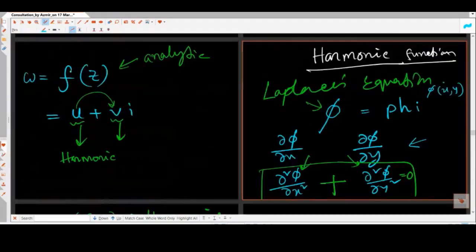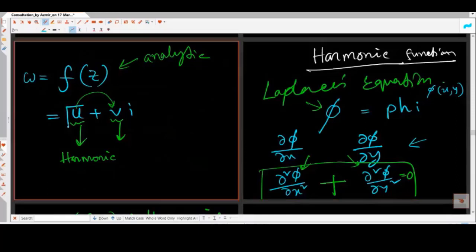So here for f of z, we have u and v. We have mentioned that if f of z is analytic, we can say u and v will be harmonic functions. If u is harmonic, then v is also harmonic.